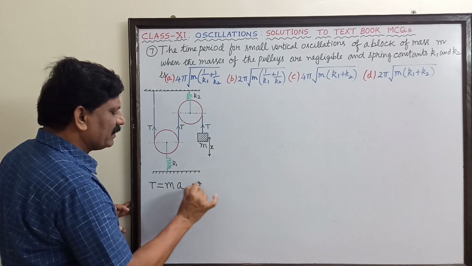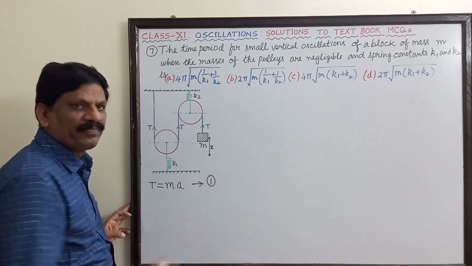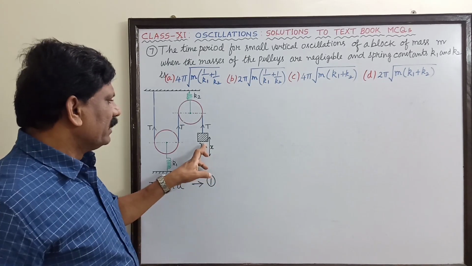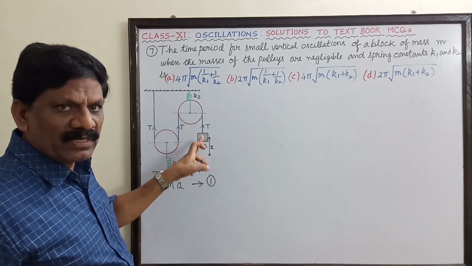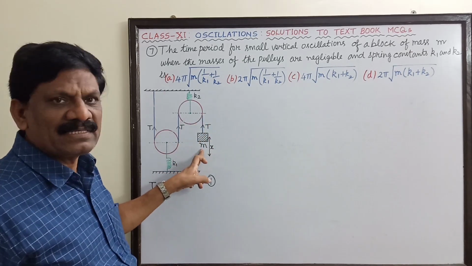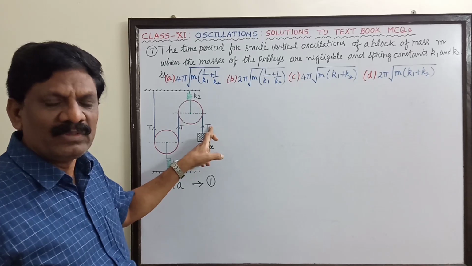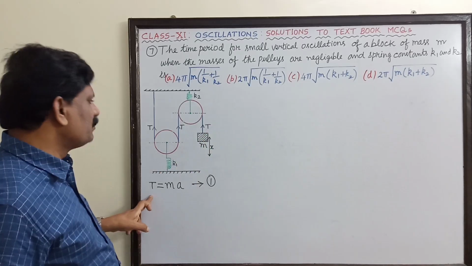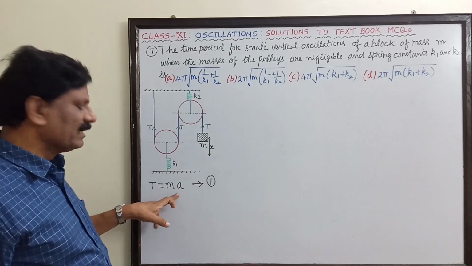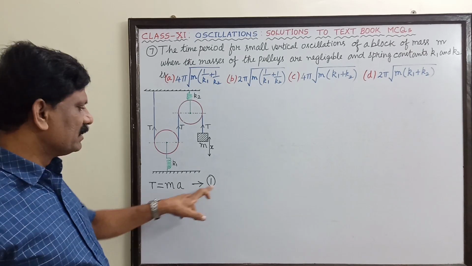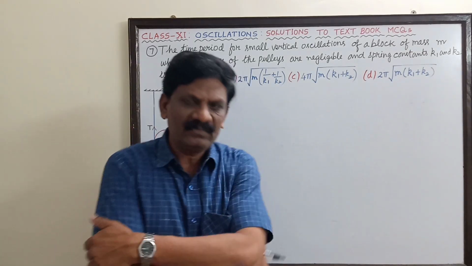So this is the first root equation. There is only one string above this mass and only one tension above this mass. That tension must be equal to the mass into its acceleration. So this is equation 1.